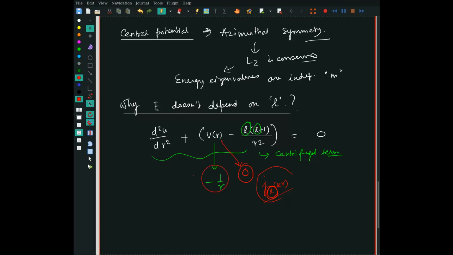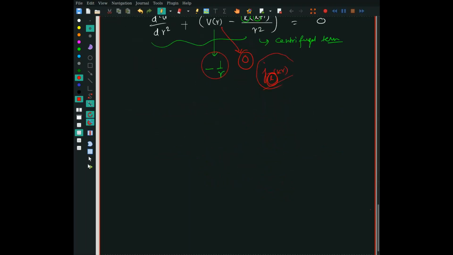It is only for those cases that your energy eigenvalues do not depend on l. If you try to understand why that is, it happens again with the symmetry.